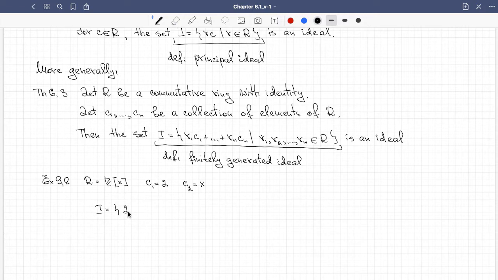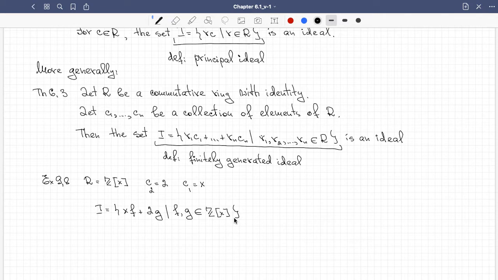Let me renumber them so that this one is going to be c1 and this one is going to be c2, and then I write it as xf plus 2g, as r1 is f, r2 is g, f and g any polynomials in the ring, any elements of the ring.